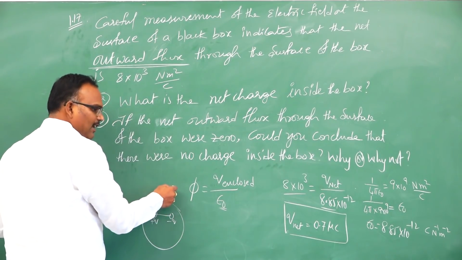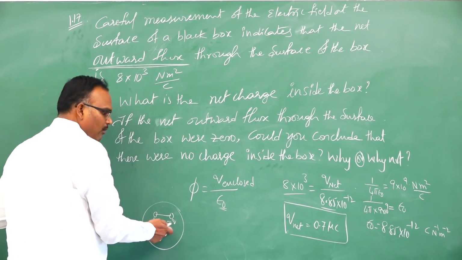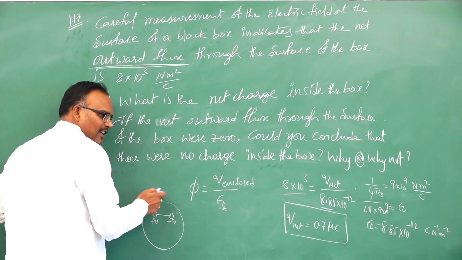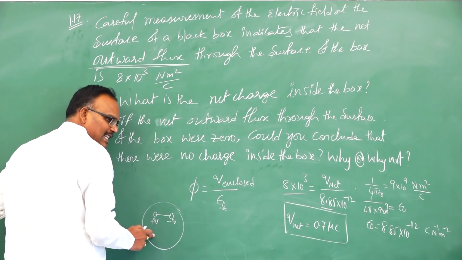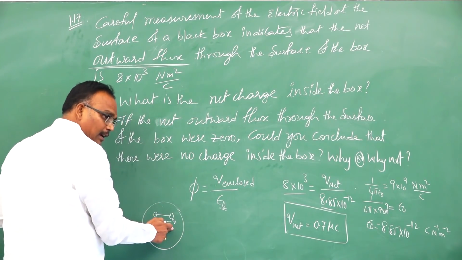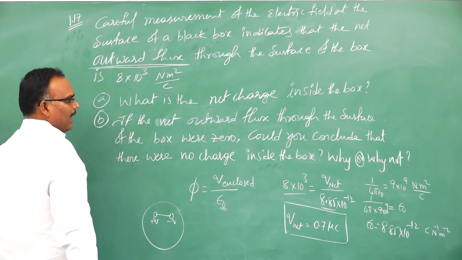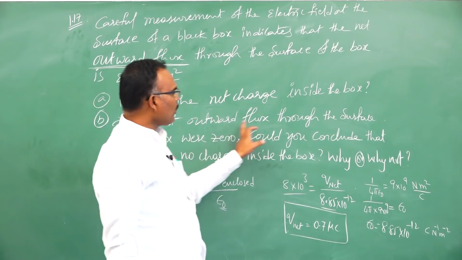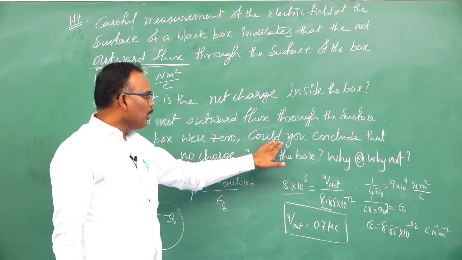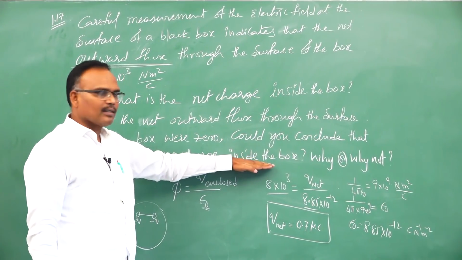net flux through the surface is 0 because net charge is 0. Flux is not there through this Gaussian surface, it doesn't mean no charge is present inside. Here actually charges are there, but net charge is 0. Okay. So if the net outward flux through the surface of the box were 0, could you conclude that there were no charge inside the box?